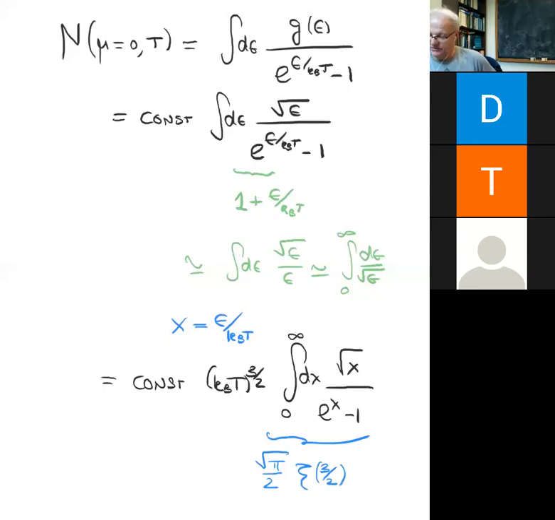I think the zeta function of 3/2 is something like 2.6. Okay. So now I can just write down what is n of mu equals 0.